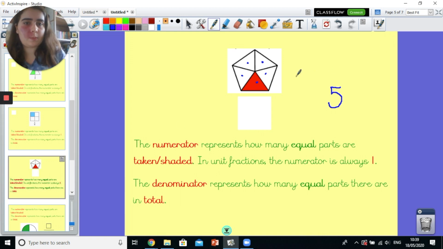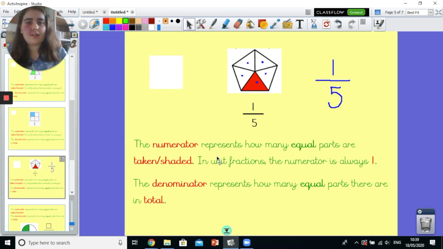What would our numerator be? How many parts have been taken from the fraction or shaded? We've got 1 shaded part, it's the red part, and we would say this fraction as 1/5. Well done.